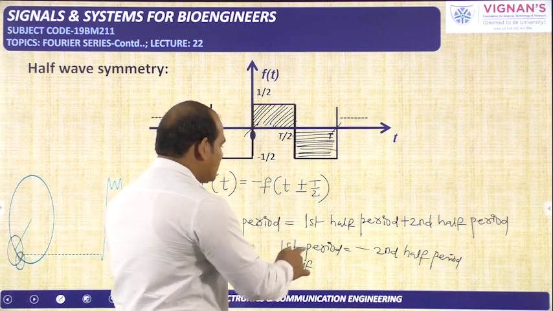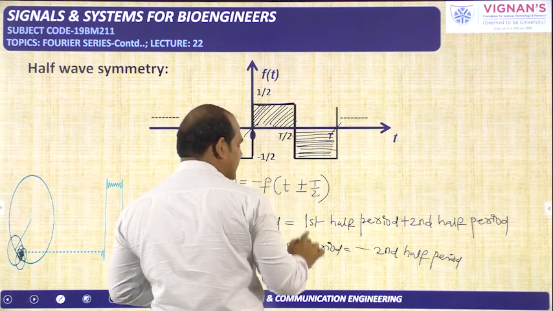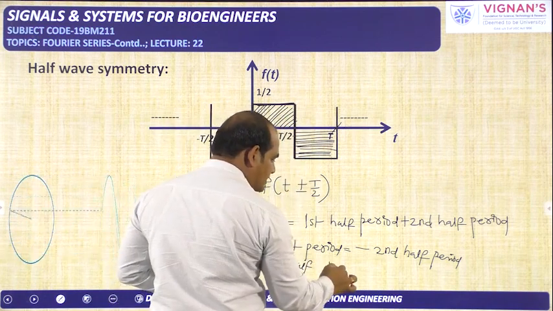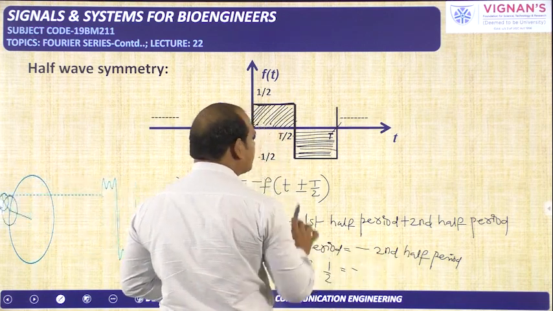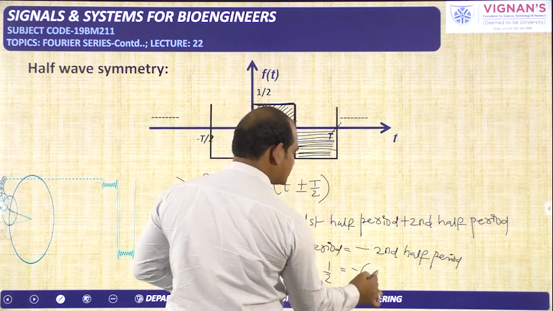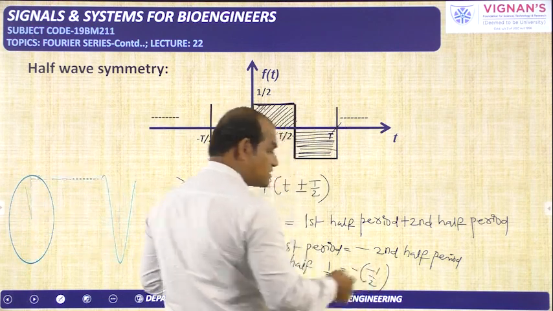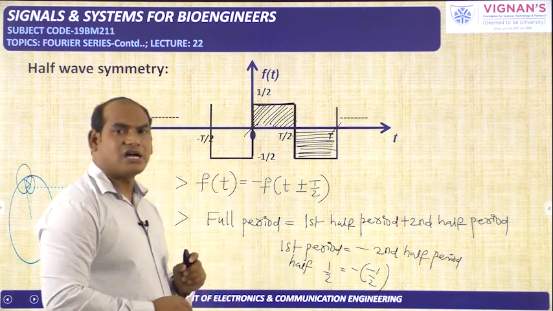You see here, first half period amplitude is 1 by 2. It is equal to minus the amplitude of the second half period, which is minus 1 by 2. 1 by 2 is equal to 1 by 2. So this condition is satisfied. So the given signal has half wave symmetry.